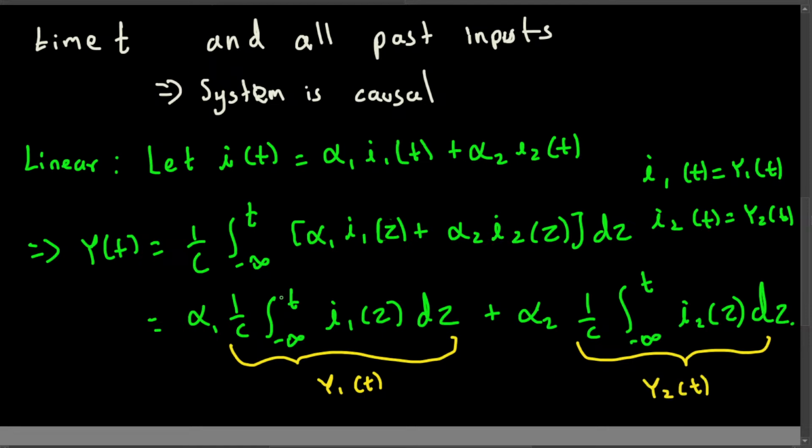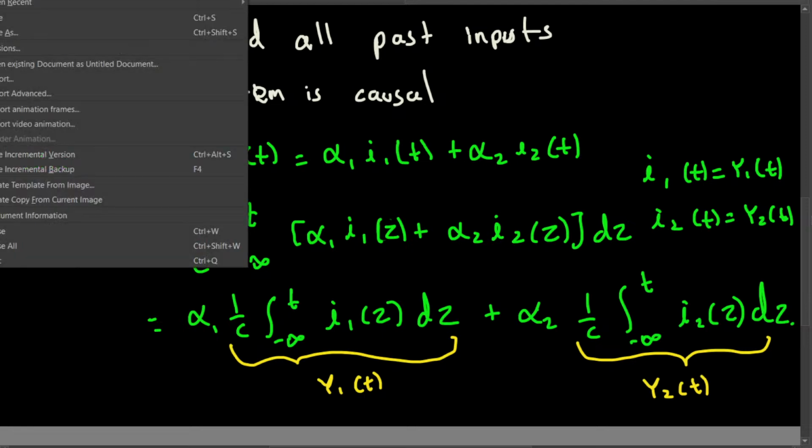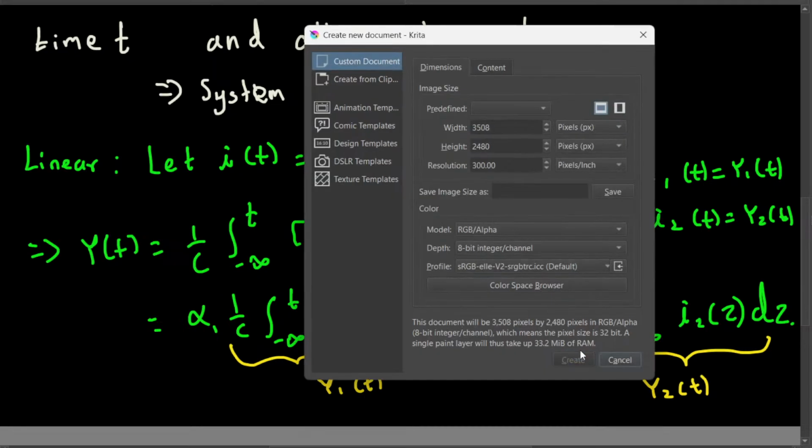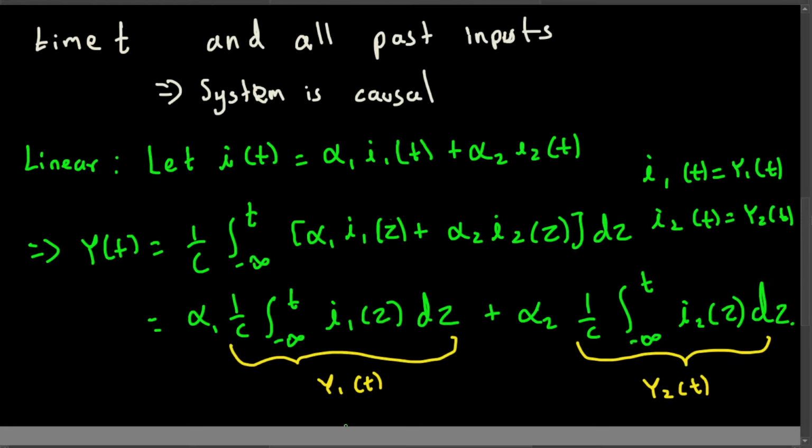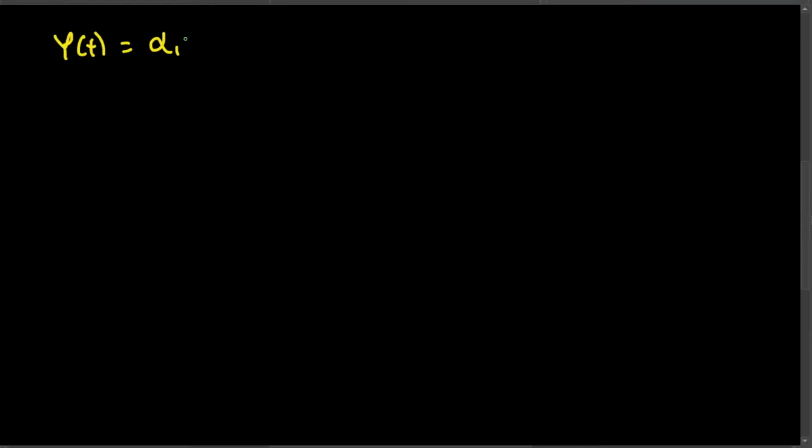So from this one you can see, let's continue to the next page. y of t is equal to alpha 1 y1 of t plus alpha 2 y2 of t.